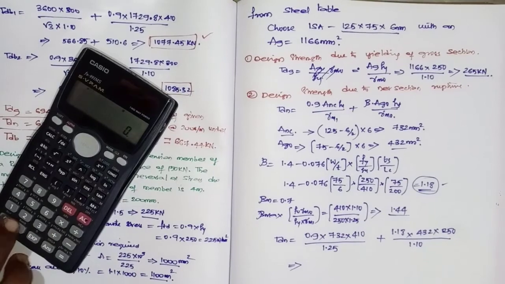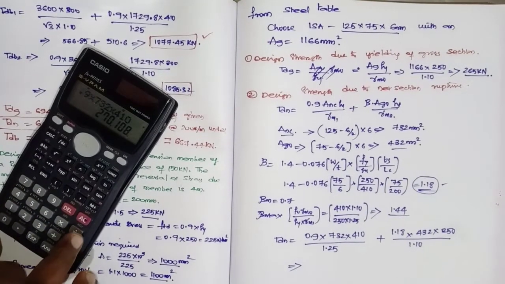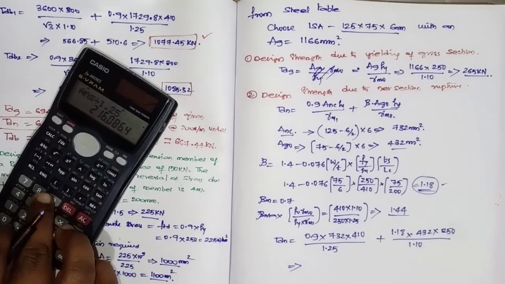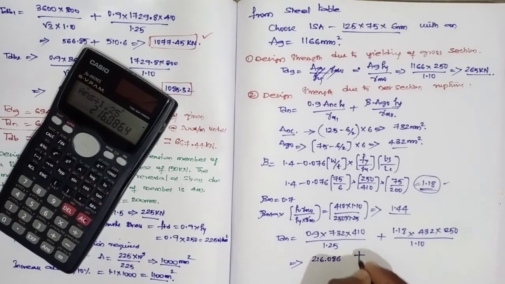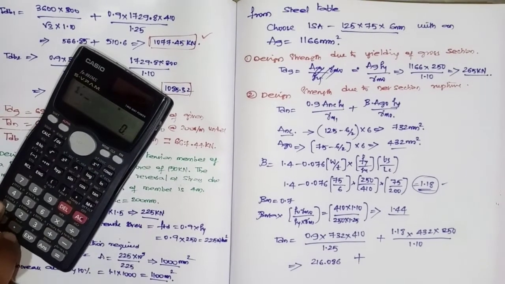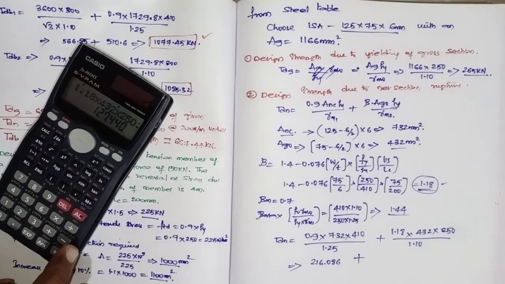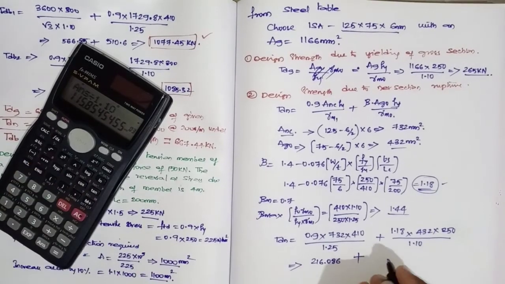How much is it? 0.9 into 732 into 410 divided by 1.25 is 216.086 kilonewtons, plus 1.18 into 432 into 250 divided by 1.10 is 115.8 kilonewtons.